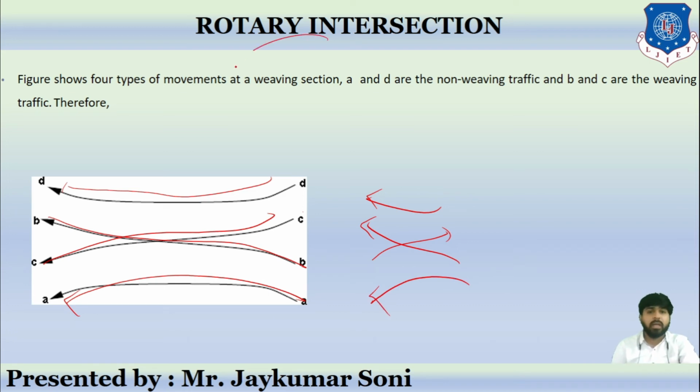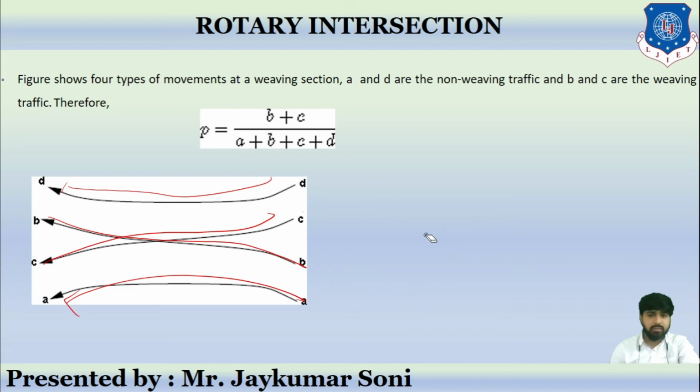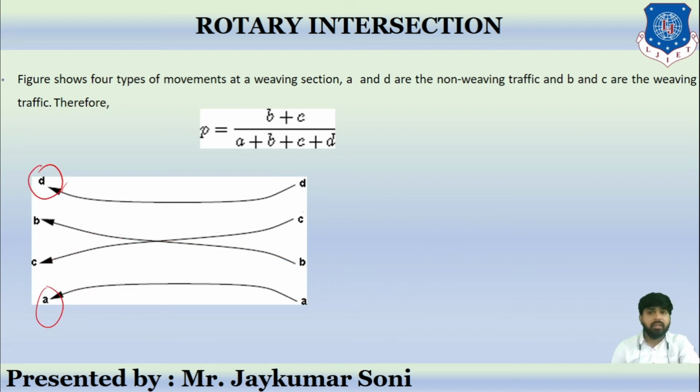These are the four types of weaving movement at the weaving sections. We can see that A and D are the non-weaving traffic and B and C are the weaving. Weaving means they are changing lanes.